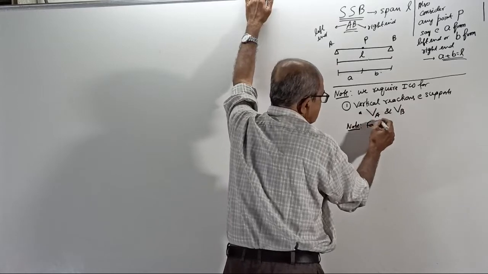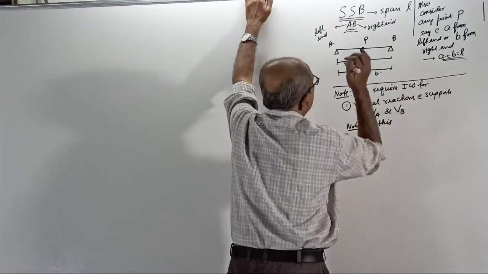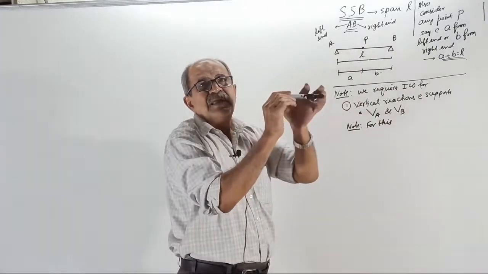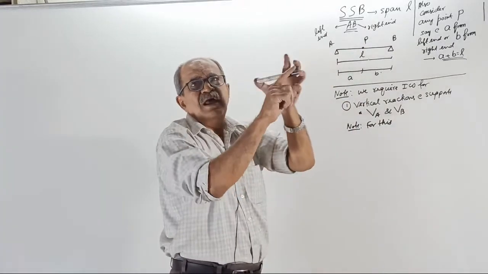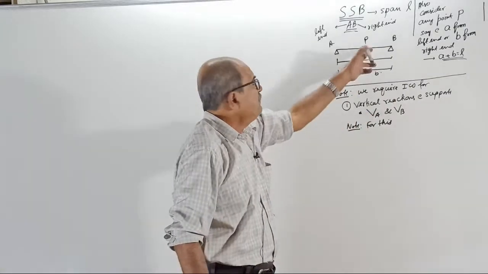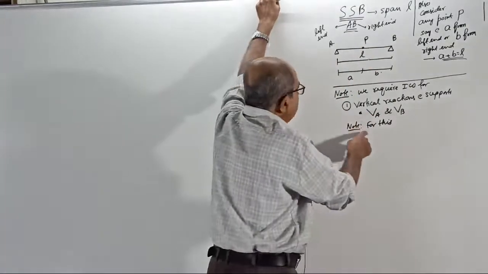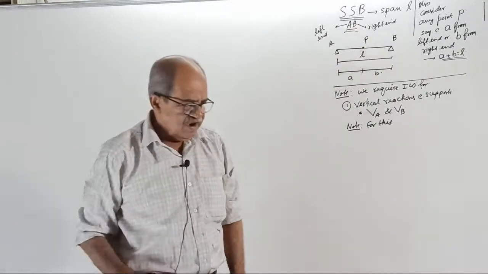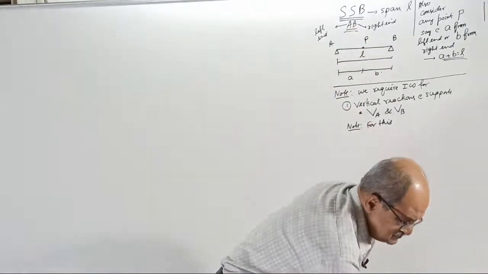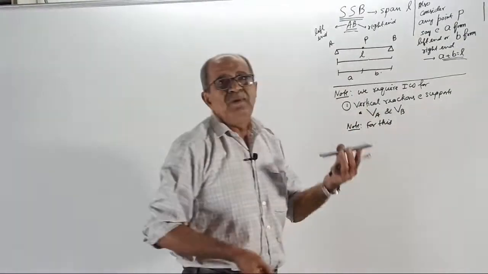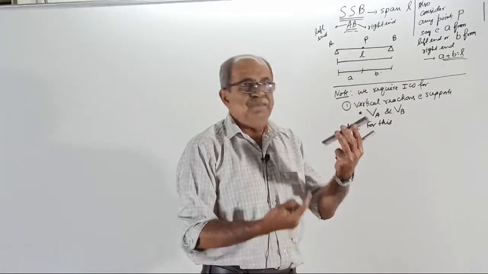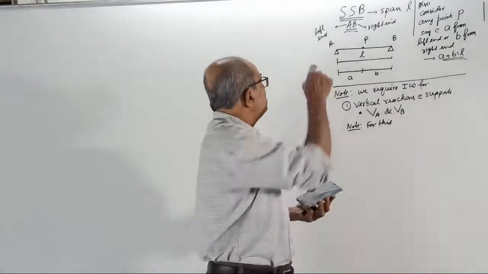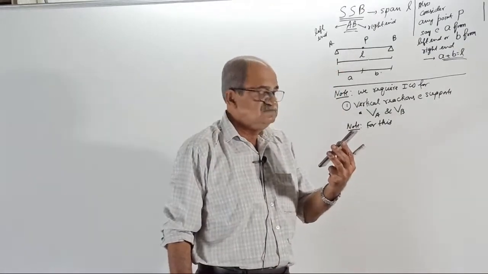For this, suppose a beam AB is there. See, AB beam. We want ILD for VA, ILD for VB. I told any point P is there. Tell me, for this, is that point P considered or not considered?